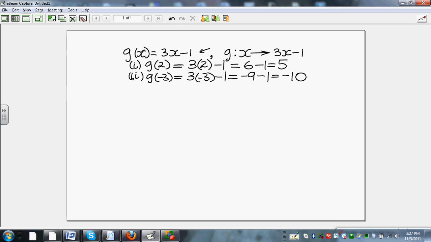The next example is if h of x is equal to x squared minus 1, for what values of x is h of x equal to 8?